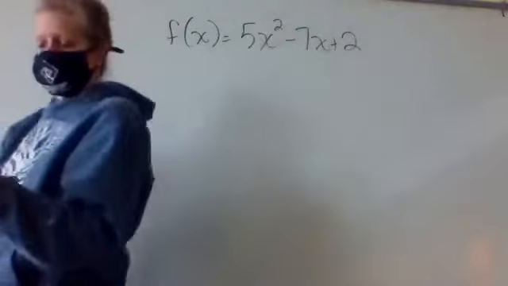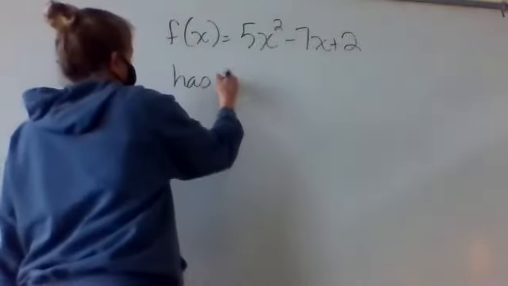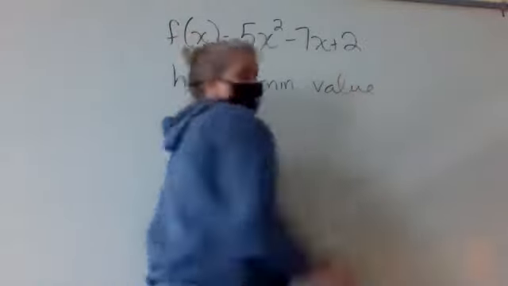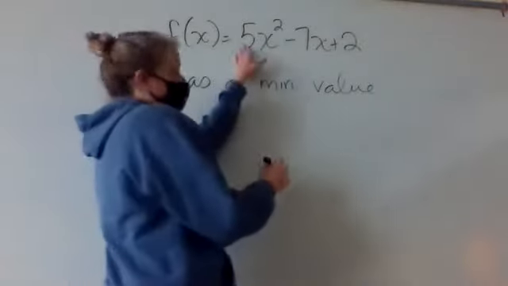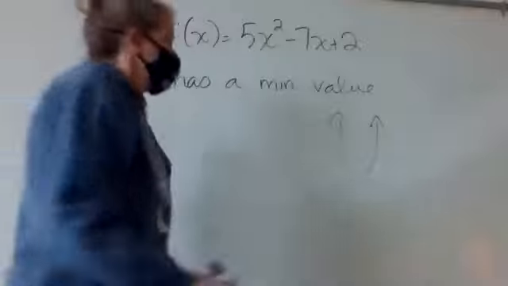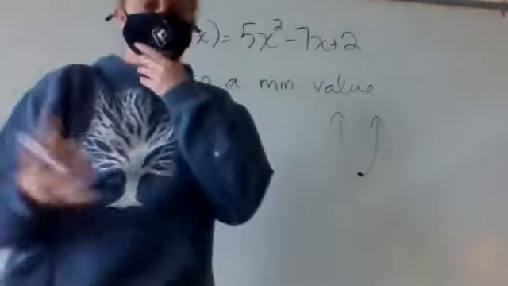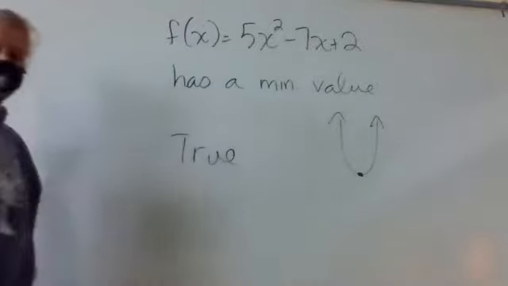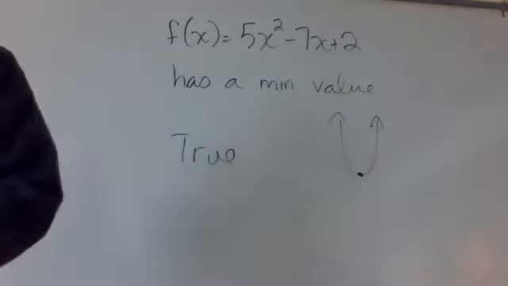So this statement says this function has a minimum value, which just means, does this parabola have a minimum or a maximum? If your x squared is positive, that means it's a parabola that looks like that, which means this one does have a bottom, which means it does have a minimum value. So that one is true. That parabola, if you graphed it, would have a minimum, not a maximum.